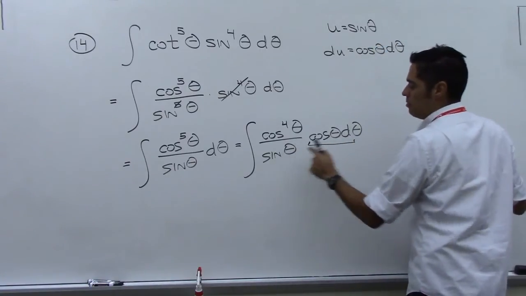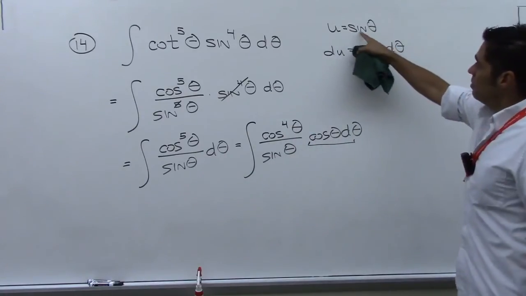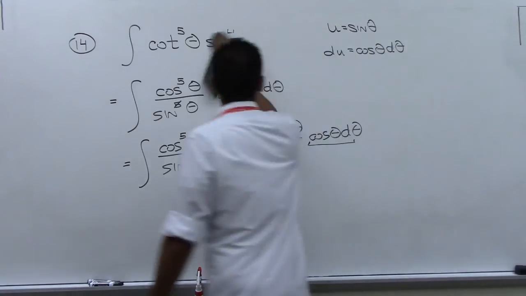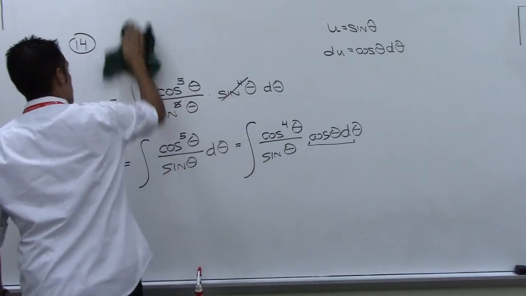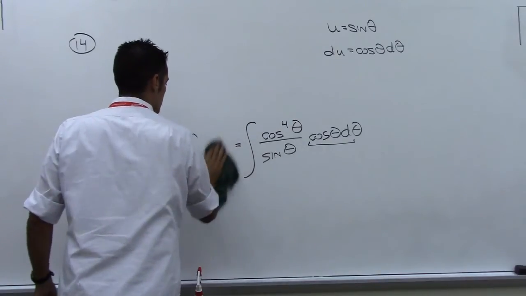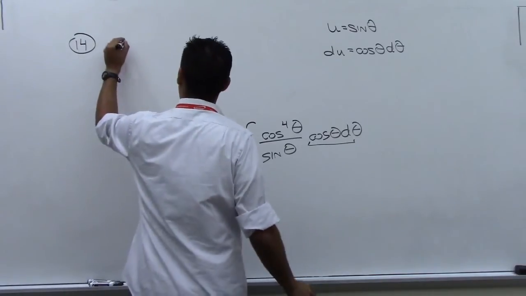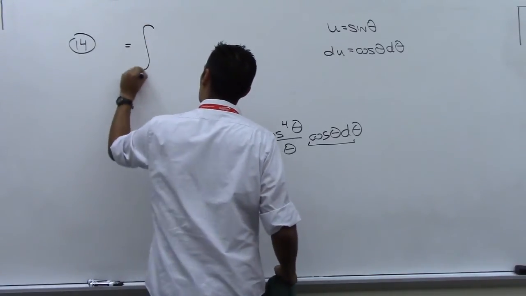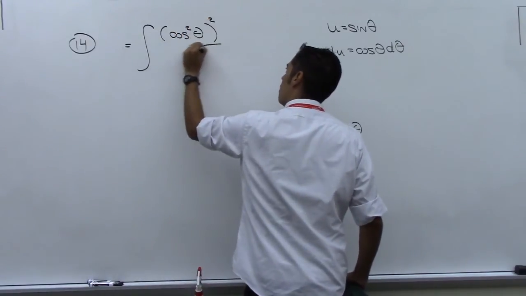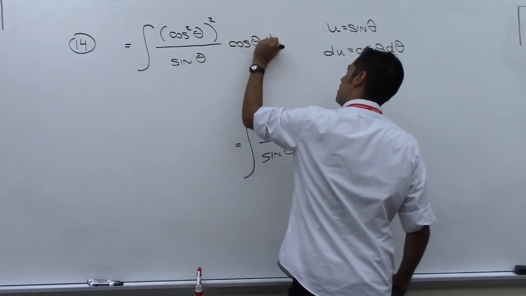I have that exactly right here, so I'm going to replace that with u, that with du, and now I need to take care of the cosine to the fourth. I need to get this in terms of sine, so all we do now is rewrite cosine using the Pythagorean identity. Since I have cosine to the fourth, an even power of cosine, that's a good thing, because I can write it as cosine squared theta, squared, over sine theta, and then cosine theta d theta.